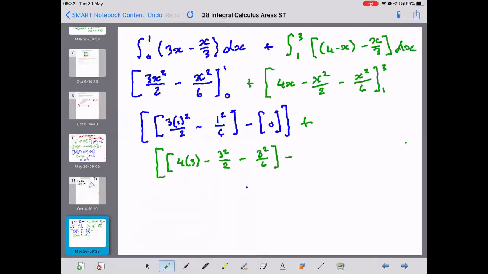Take away 4 minus 1 squared over 2 minus 1 squared over 6.